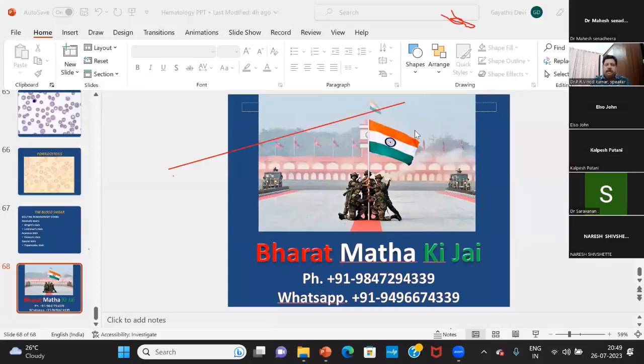EDTA can be used as an excellent anticoagulant in all other tests, except in calcium estimation. We are not using EDTA for calcium estimation. In all textbooks it is said that only for calcium estimation you should not use EDTA. Otherwise, we can use EDTA. I am also doing 4, 5 or 6 blood tests daily, and I am using only EDTA.